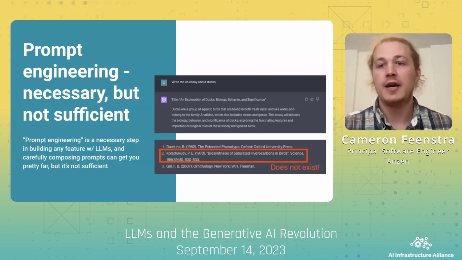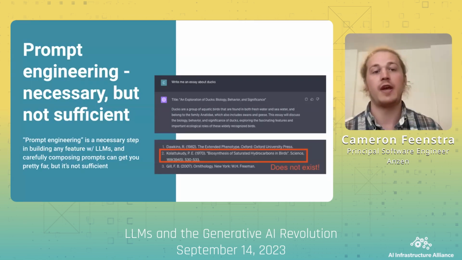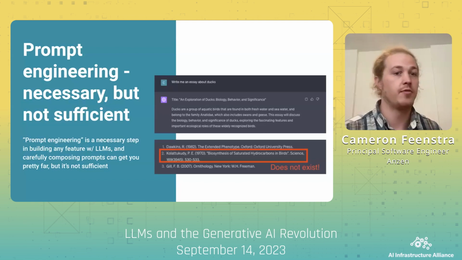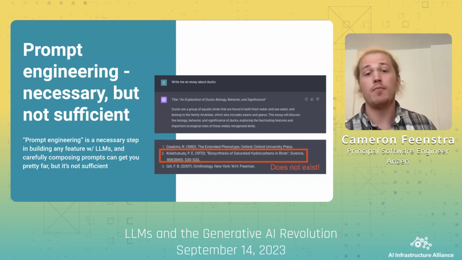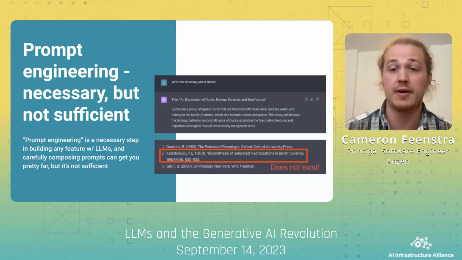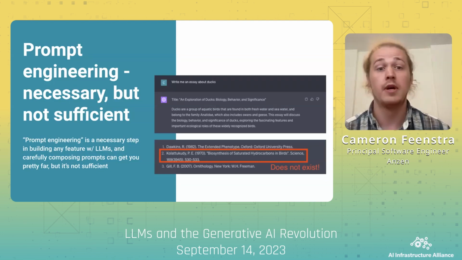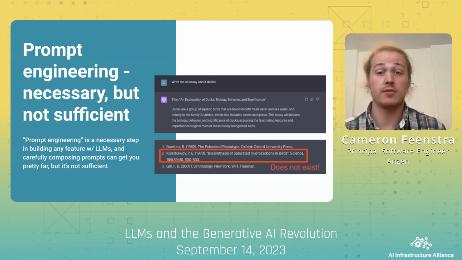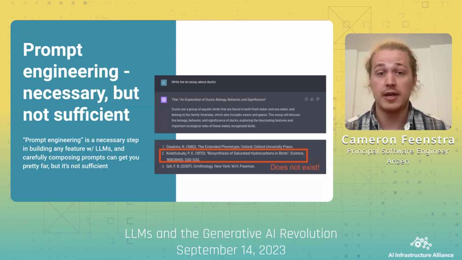If you spend any time working with generative AI models, you've probably heard of prompt engineering, which is always necessary to building any sort of application on top of generative AI models. But it's actually not going to get you all the way there.